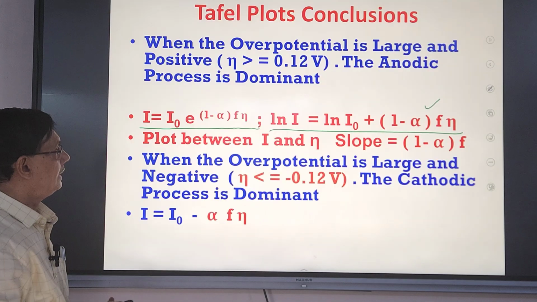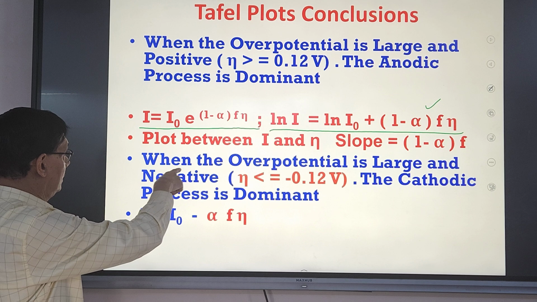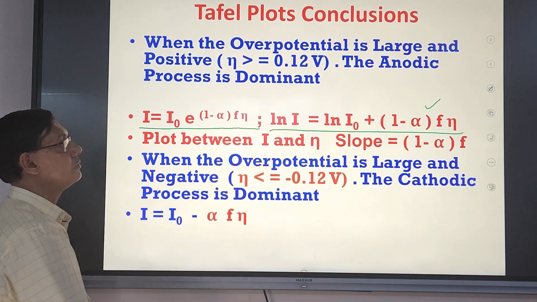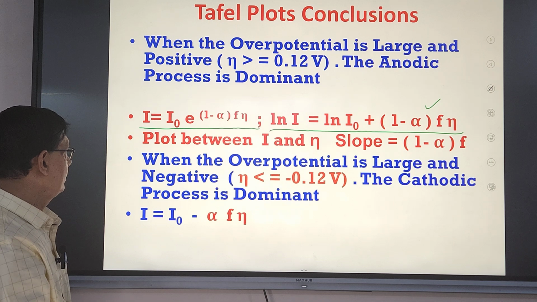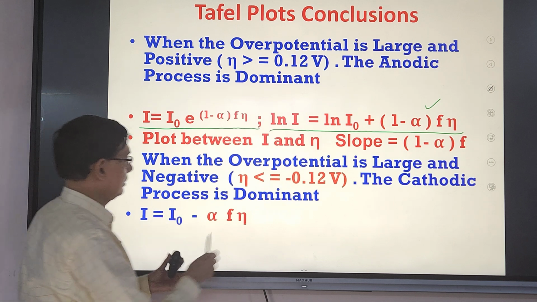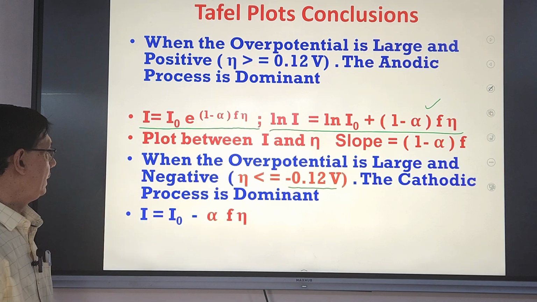So again, second condition, when the overpotential is large and negative, the cathodic process is dominant.